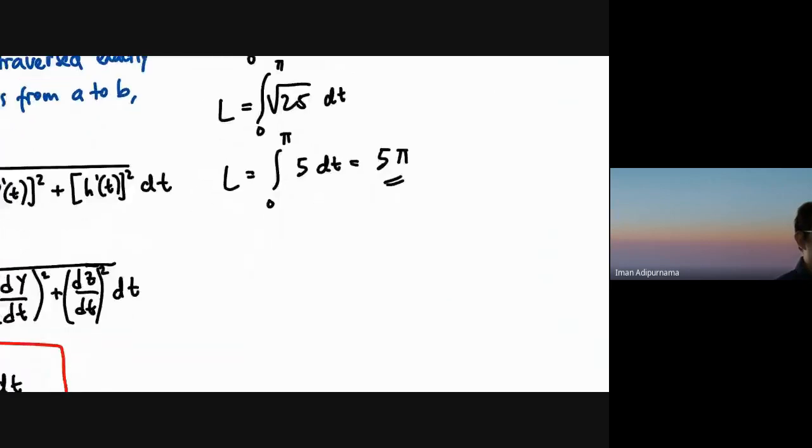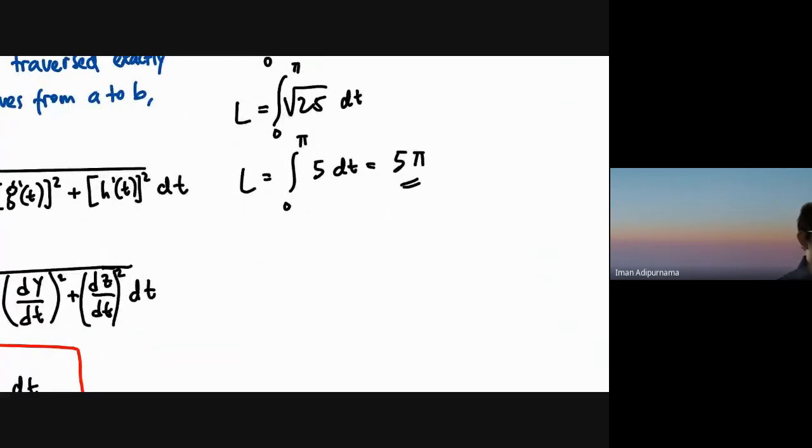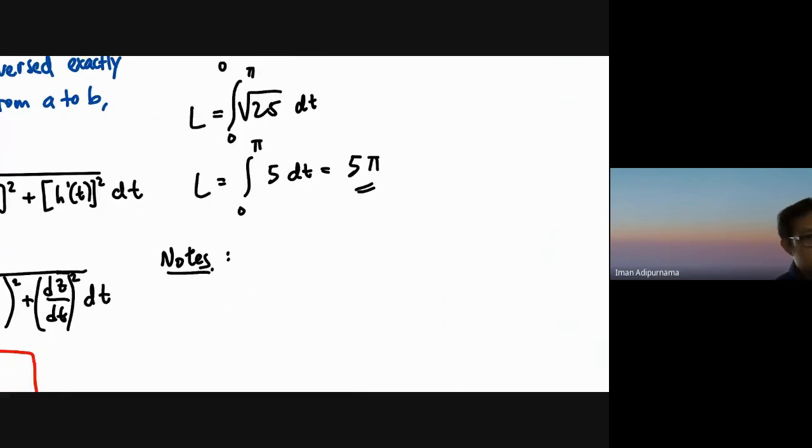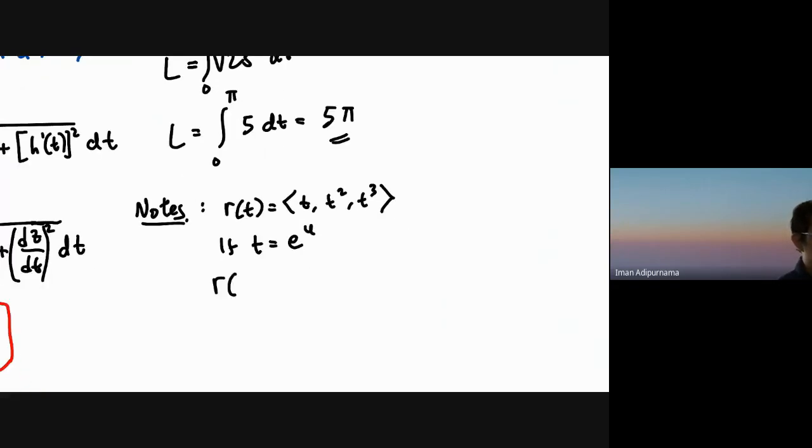And as a note, we may have more than one function. It can be more than one. So for example, if t is e to the power of u, then we can also change this into another form.